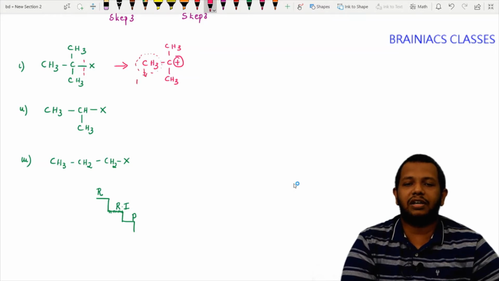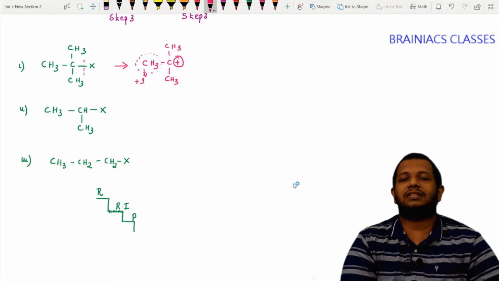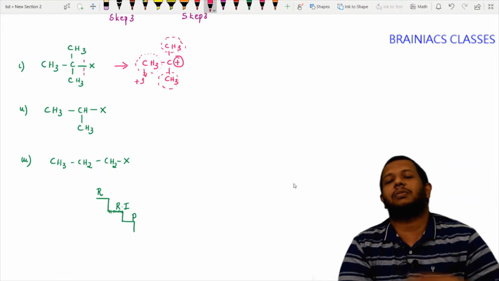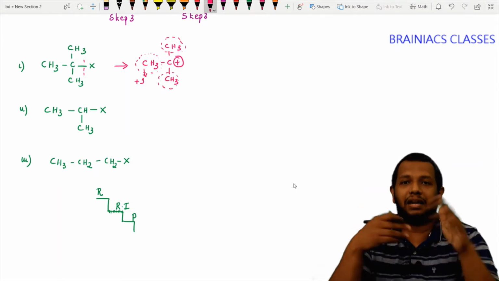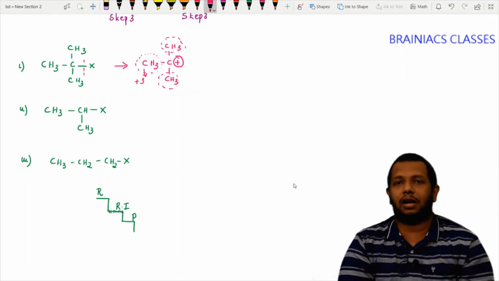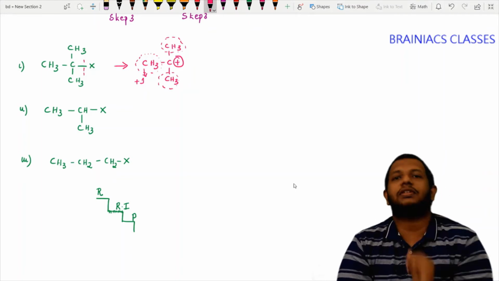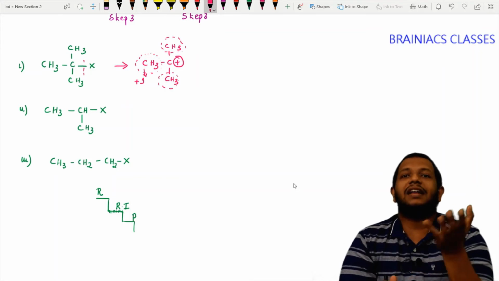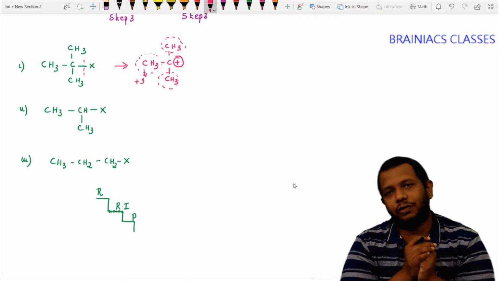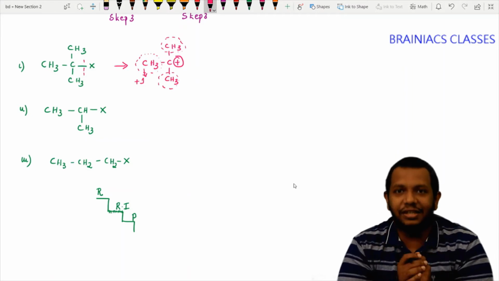As you know, it has a plus I effect. So here the 3 CH3 groups are pushing the electrons towards the central carbon, because plus I effect means repelling the electrons away from it. So it will repel the electrons towards the central positive carbon. When electrons are coming to the central positive carbon, the plus charge gets neutralized by the negative charge of the electrons. So that means it is getting stabilized.